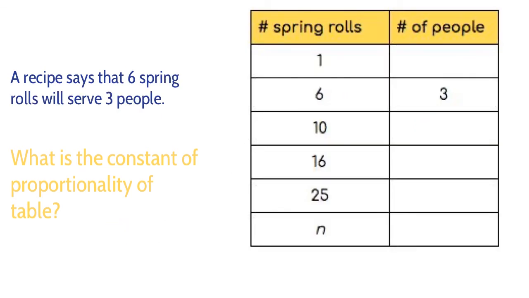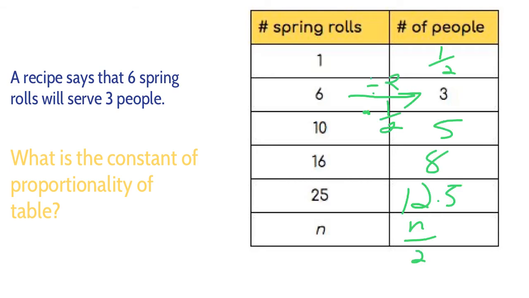A recipe says that 6 spring rolls will serve 3 people. What is the constant proportionality of the table? Well, the constant proportionality is going to be 1/2. I see that because of the connection that exists between the left column to the right. To go from 6 to 3, I could divide by 2, but I can also multiply by half.